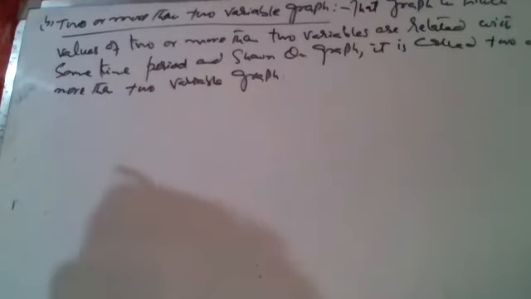So those graphs in which values of two or more than two variables are shown with respect to time period on graph paper are called two or more than two variable graph.